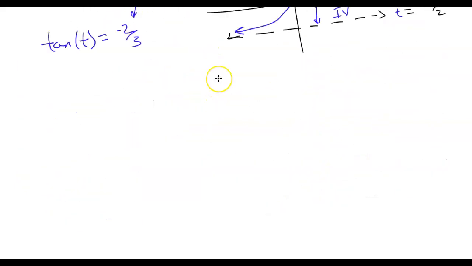Now, if this doesn't make sense, I'll draw it another way. Okay, so I'll scroll down here. If we just look at this in terms of a tangent function, we know tangent has a fundamental period length of pi units.